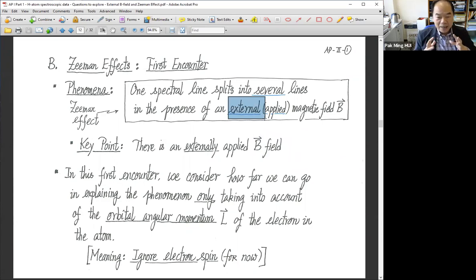We buy a magnet and apply the magnetic field to the atom. Later on, we will realize that even if we don't buy a magnet and apply a field, there could be an internal magnetic field, but that is a different story. For the moment, this field is what we applied externally to the atom.